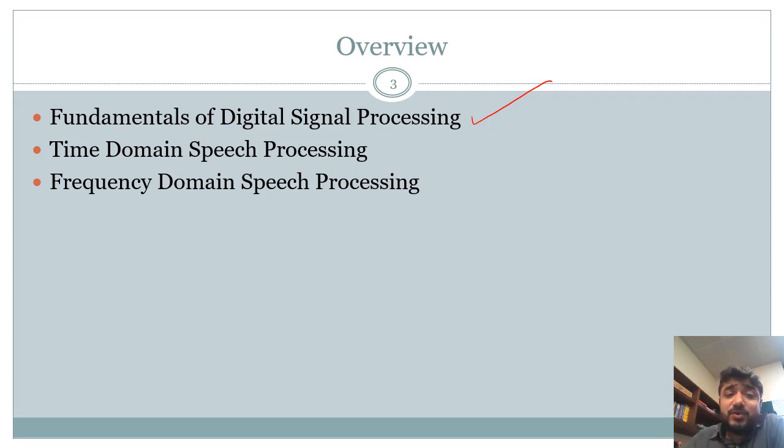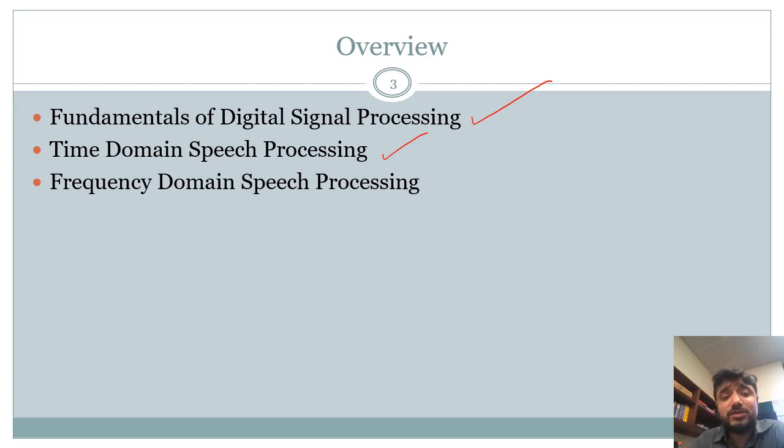And then we will start with time domain speech processing methods, and this would include many interesting and exciting methods, and at places I'm sure you'll be surprised that some of the things that we consider to be quite complicated, and which in our heads we believe would require a lot of machine learning, can simply be done just by using fixed thresholds and rule-based systems and just plain old speech processing techniques using signal processing.